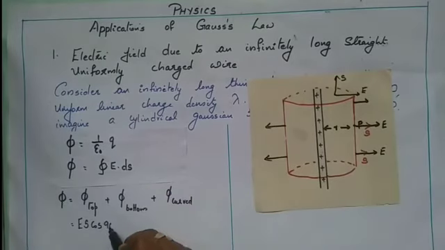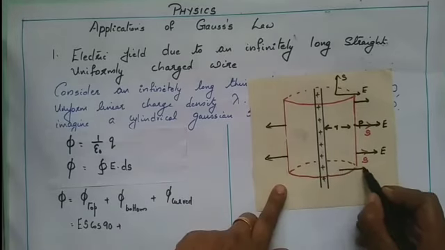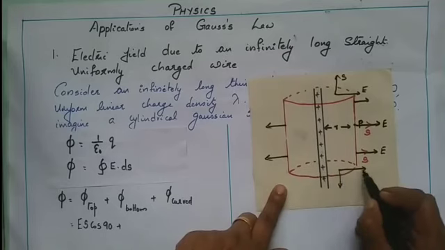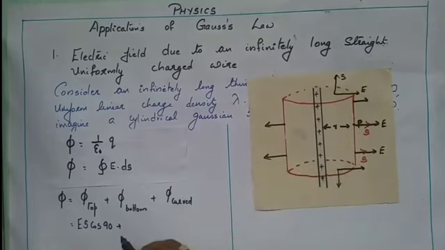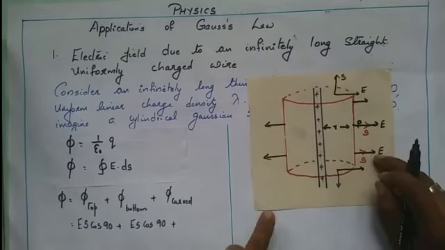Theta is 90 degrees. Then for the flux through the bottom region, here also the electric field is radially outward and the area vector is outward, that means in the downward direction. So the electric field and area vector are perpendicular in the bottom face also. Therefore, flux through the bottom face is again E s cos 90, plus flux through the curved region.